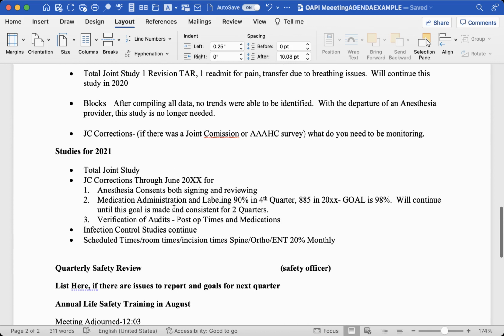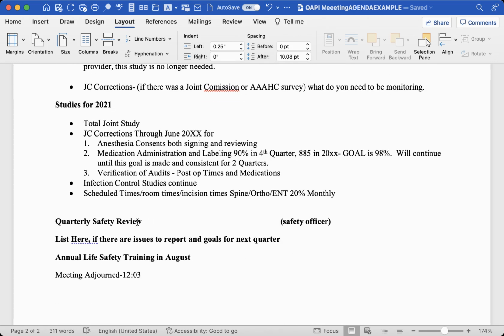And so they discussed those here. And then the safety officer talks about any safety issue that the facility would be experiencing. And then below here, they would list if there are any other issues to report and goals for the next quarter, so that it can be followed up at the next meeting.